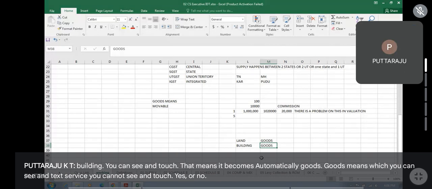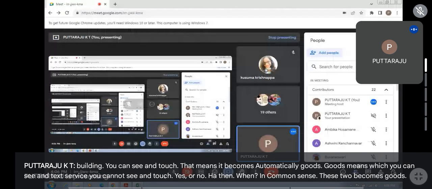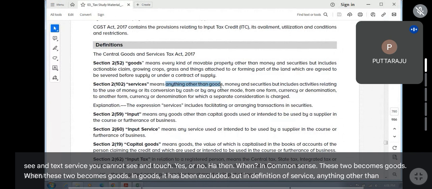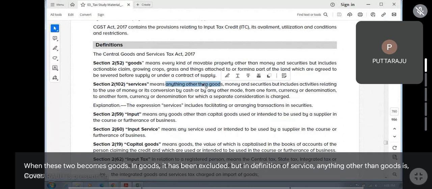Then in common sense, when these two become goods, in goods it has been excluded, but in the definition of service, anything other than goods is covered. Hence we should ideally take it as service, right?